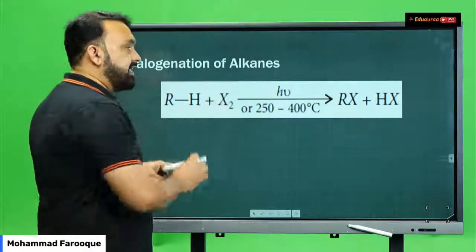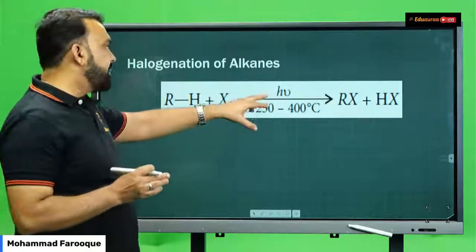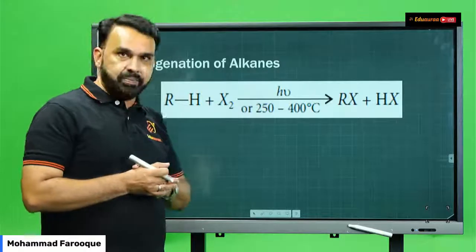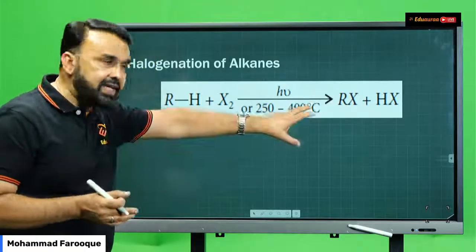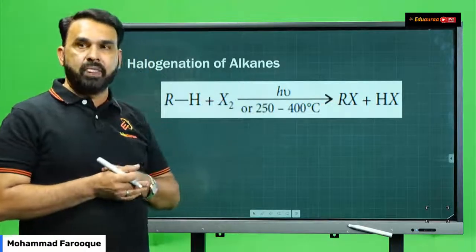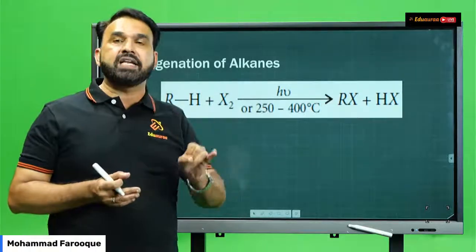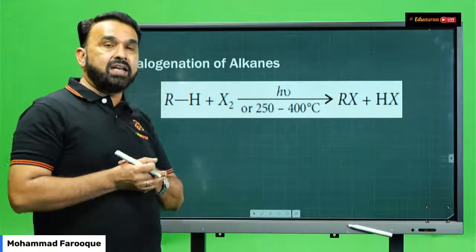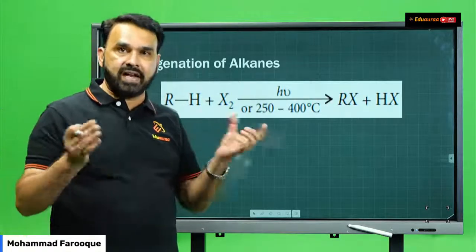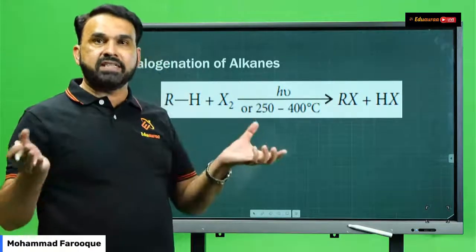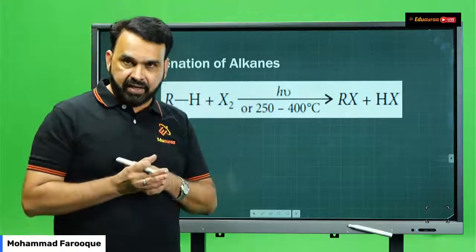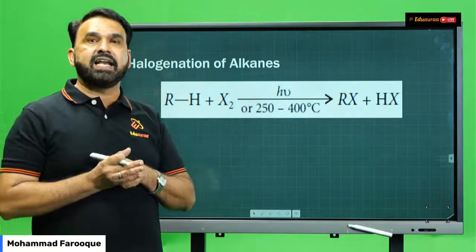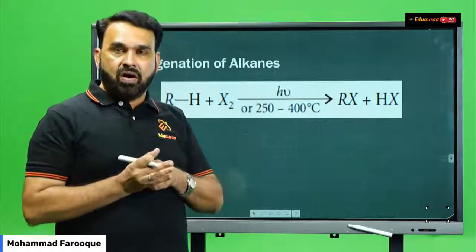Halogenation of alkanes, that is RH reacts with X2 in the presence of UV light at high temperature to give you an alkyl halide plus HX molecule. Under this, you have chlorination, bromination, and iodination, right? You have studied that chlorination is carried out in the presence of sunlight or UV light, and bromination is carried out in the presence of AlBr3. Yes, iodination is carried out in the presence of mercuric oxide.